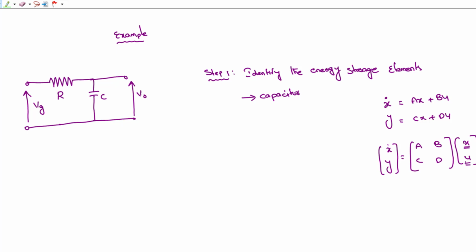Now, how do we identify the state variable in the capacitor? Whenever an integration function exists, we identify that as the state variable. u is the input, whatever input we are giving.